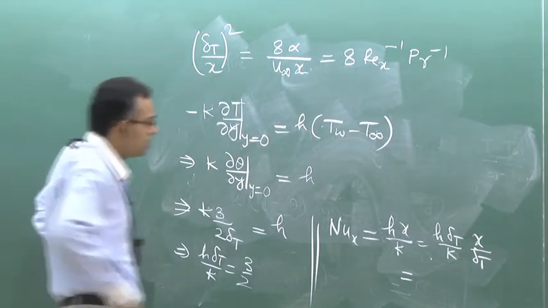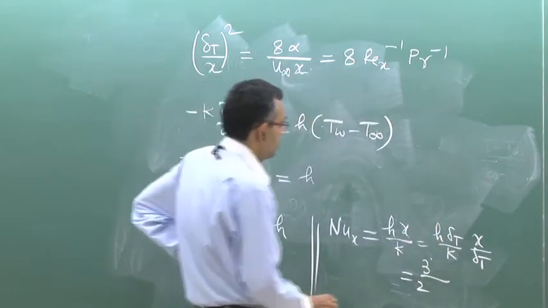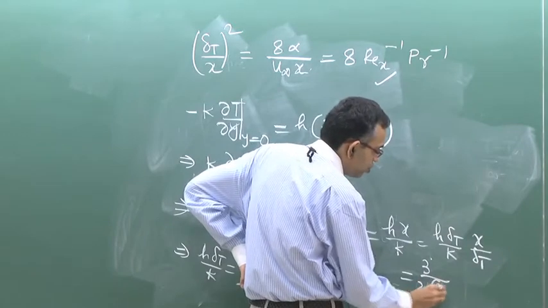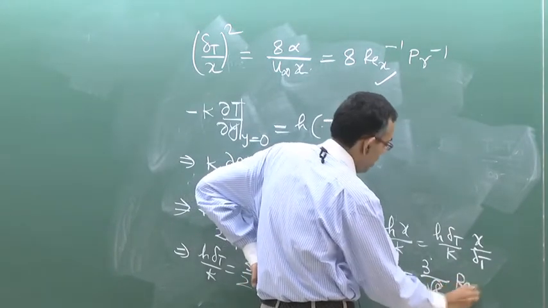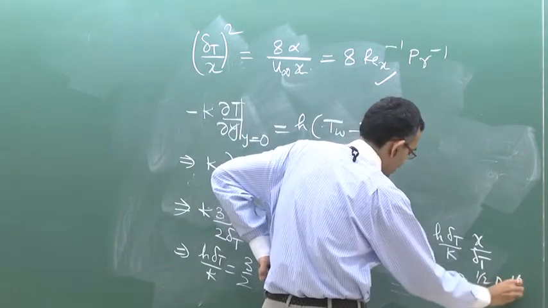So this is 3 by 2 and x by delta t from this expression. So 3 by 2 root 8 Reynolds number to the power half into Prandtl number to the power half.